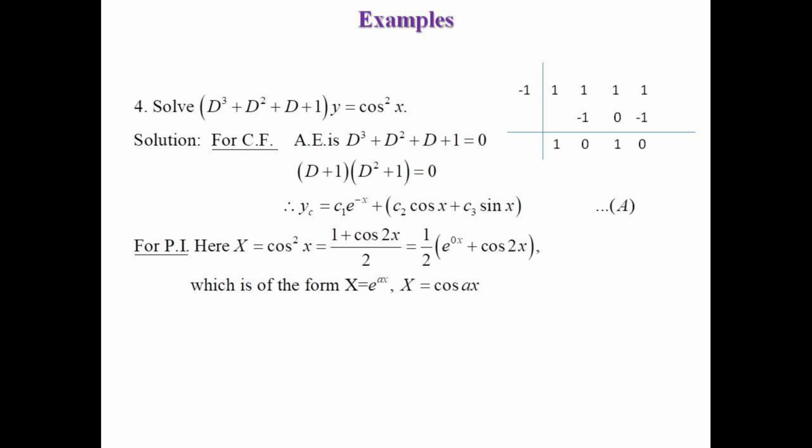cos of ax. Now to solve this example for finding the value of particular integral, so particular integral is mentioned as 1 upon d cube plus d square plus d plus 1 in bracket value of cos square x, which is 1 plus cos of 2x upon 2, which is equal to 1 upon 2.